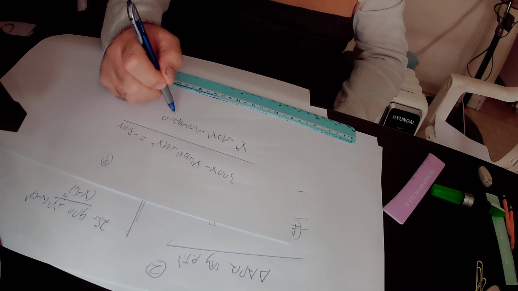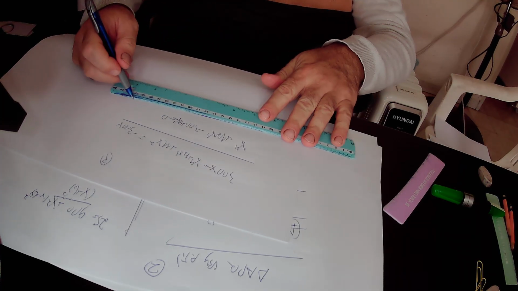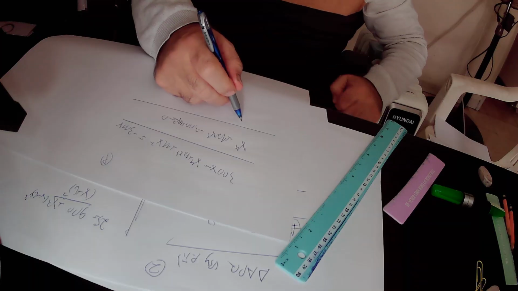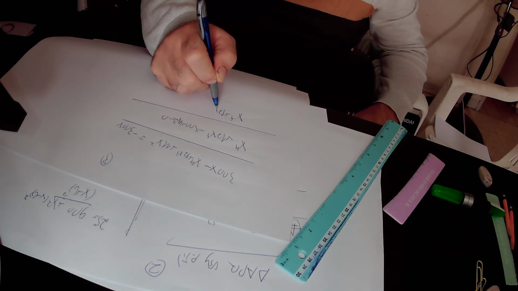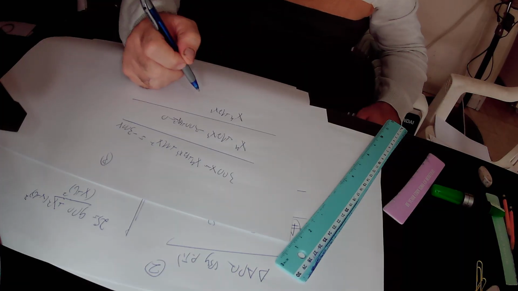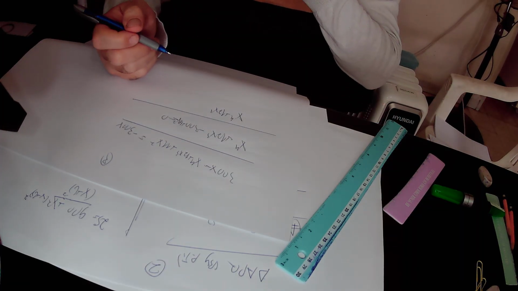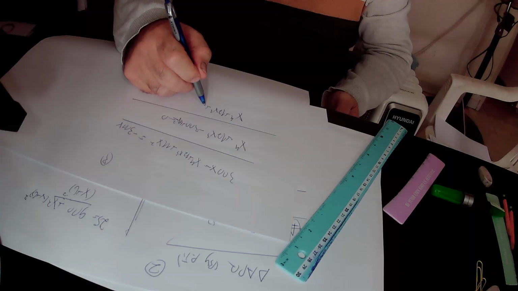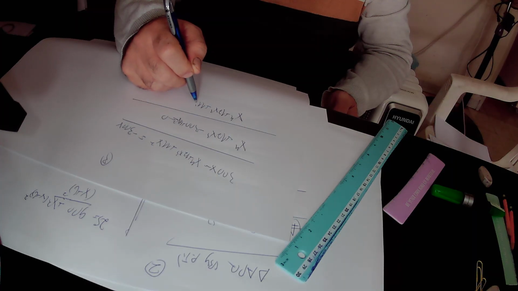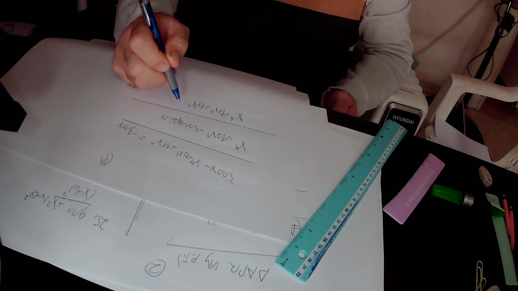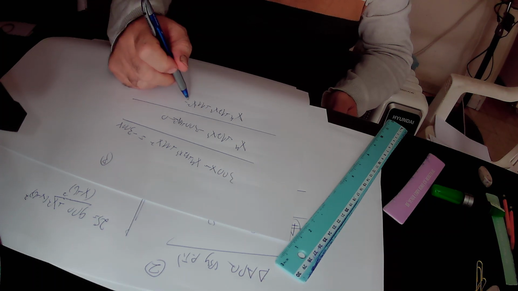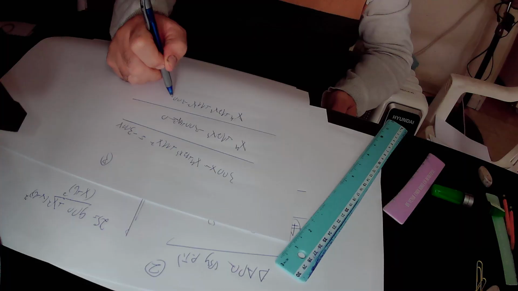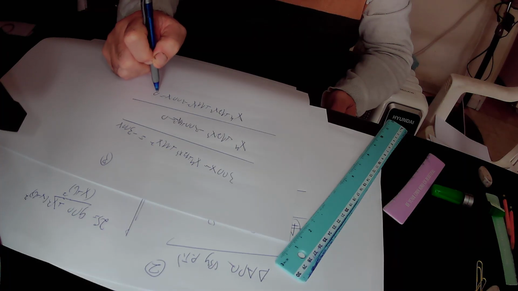Again, in total we know that x to the power of 4 plus 12x cubed plus 11x squared minus 300x equals 0.